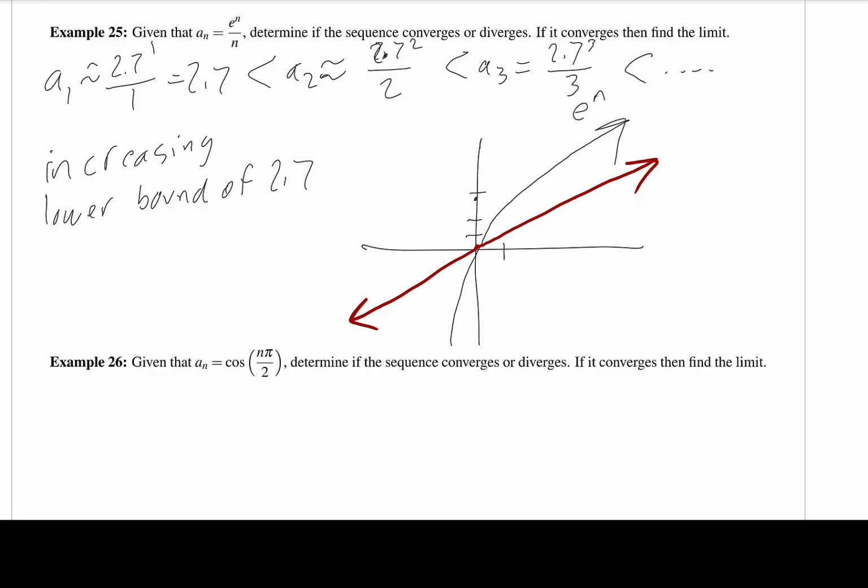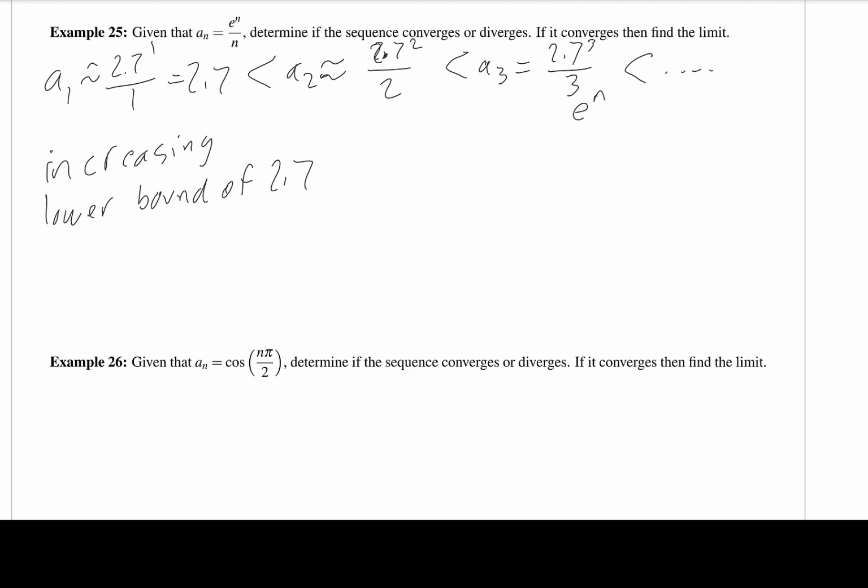And we need to notice that this black curve is growing a lot faster than the maroon curve, which tells me that the numerator is growing much faster than the denominator. So this is going to get infinitely big. So we can say that we have no upper bound.